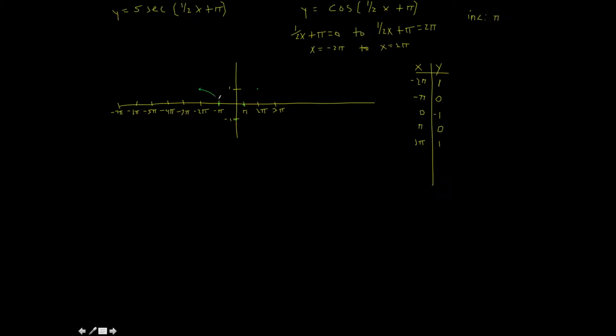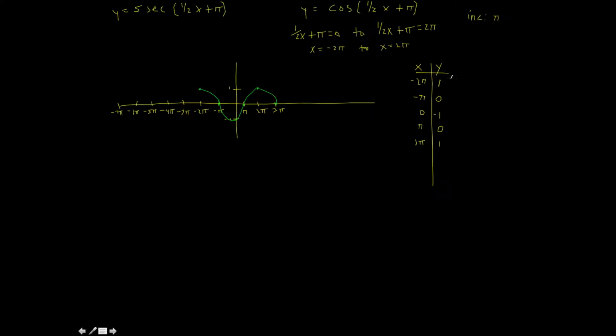So what we have is a graph that looks like this. Now we need to extend it to cover what we have to cover. We have to cover from negative 7 pi all the way to 3 pi. So if it's 1 here, that means it has to go back down at 2 pi to the x-axis.